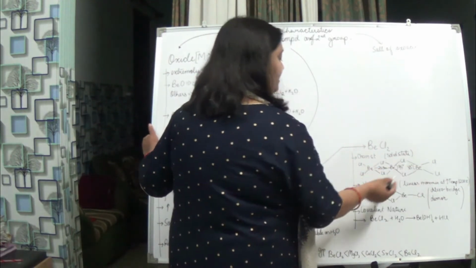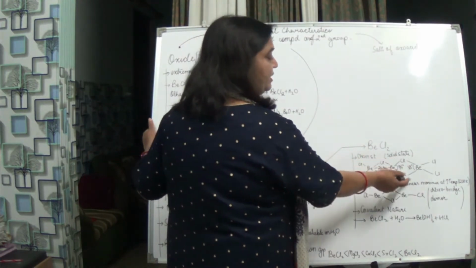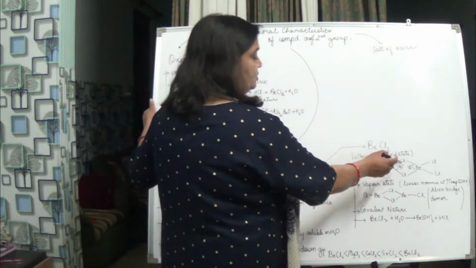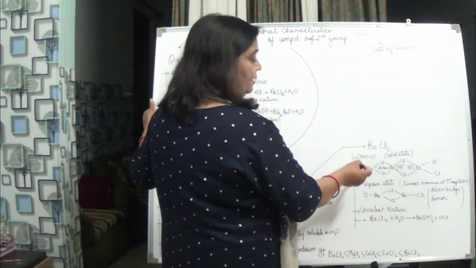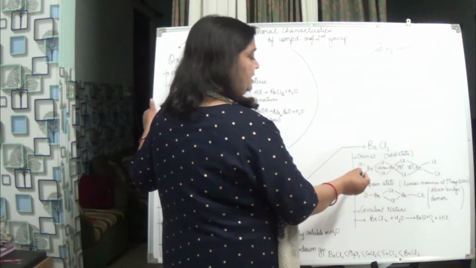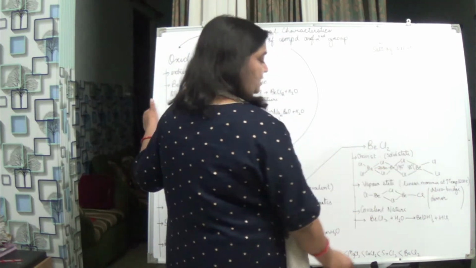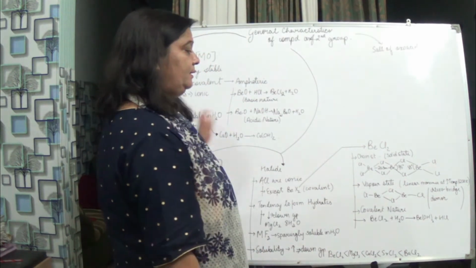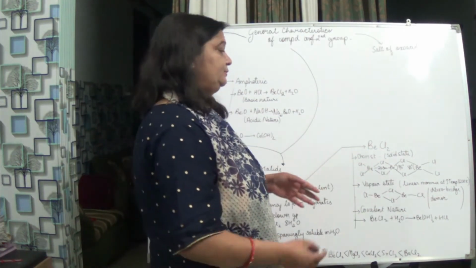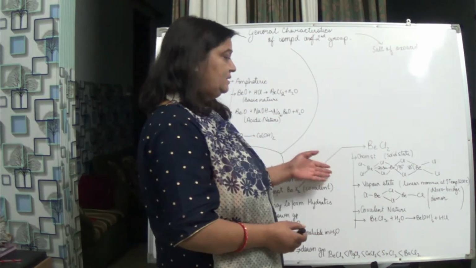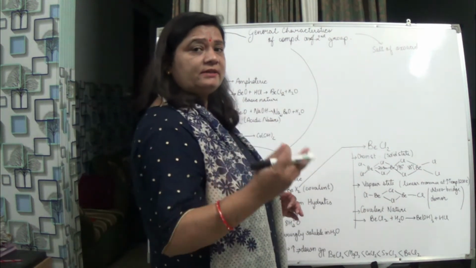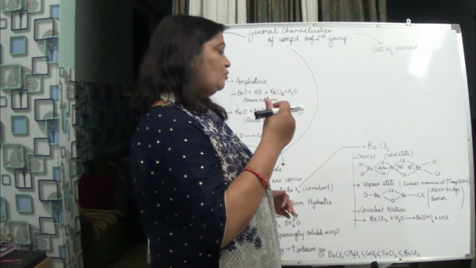Here the chlorine is bridged between the beryllium atoms. So in the solid state we get a chain-like structure, as shown over here. This is at normal temperature. But if we increase the temperature, what will happen?